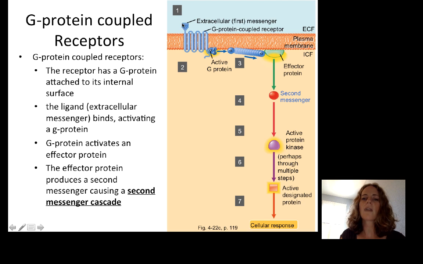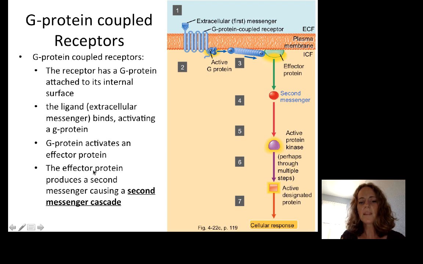So here you've got your chemical binding to the G protein receptor. We often abbreviate these as GPCRs, G protein coupled receptor. That will activate a G protein, which will then activate a bunch of other things downstream.